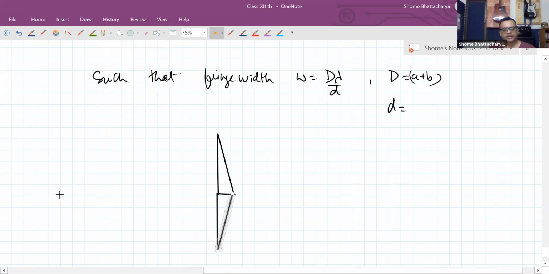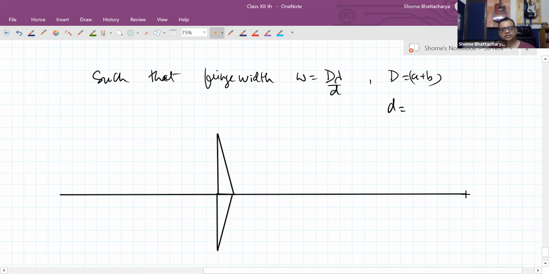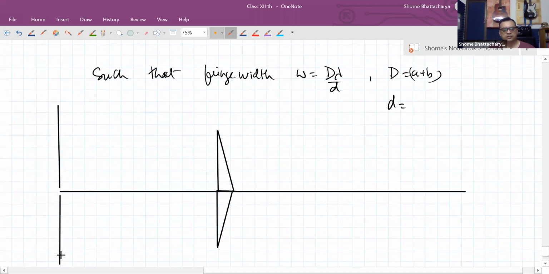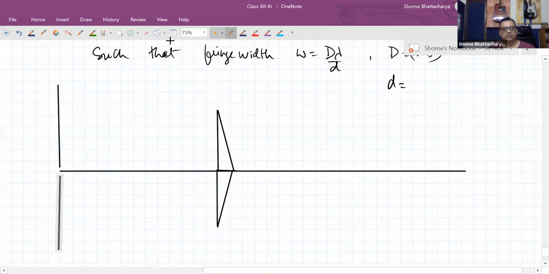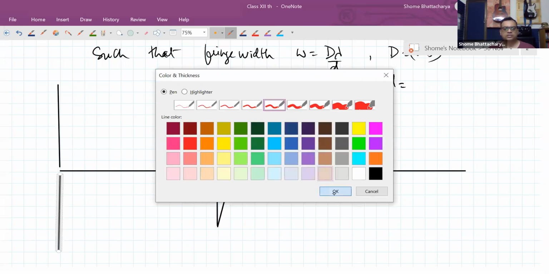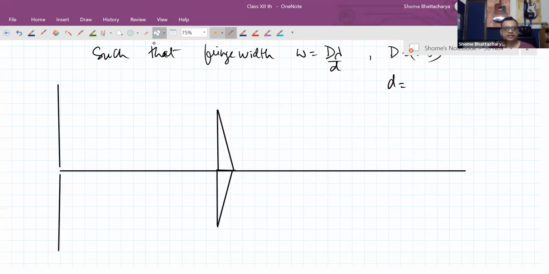So now if we are considering light from this slit, first let's draw the symmetry line. Now let us consider light which is nearly parallel to this symmetry line or symmetry axis.